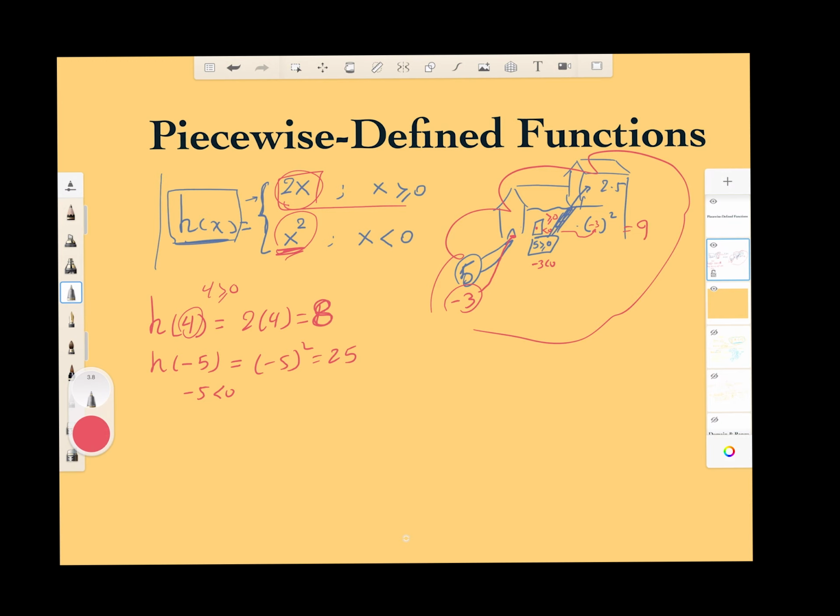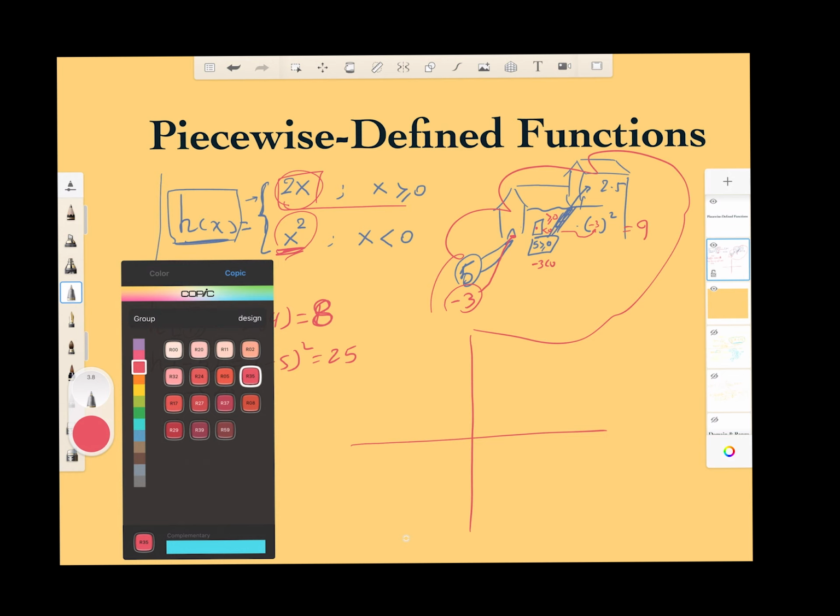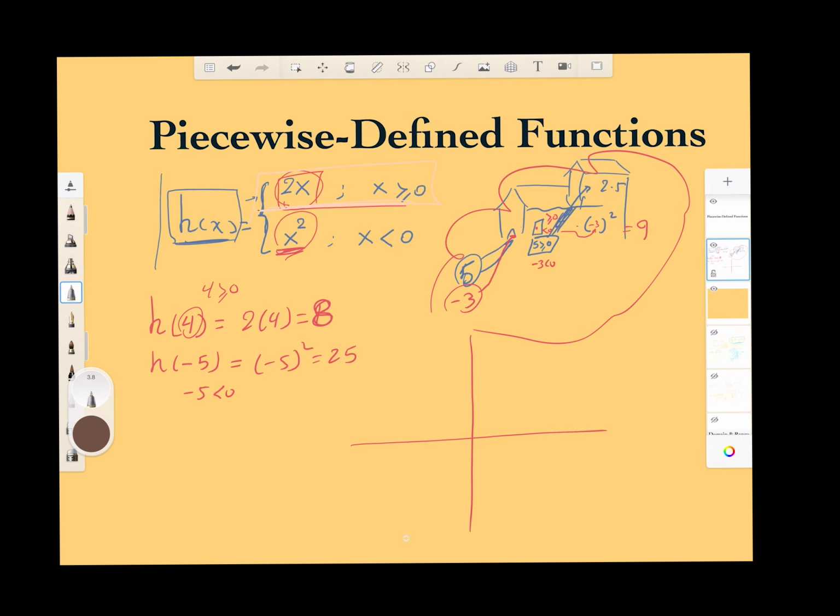Alright, for the graphing, let's graph the first one, which is 2x. You're going to graph y equals 2x. 2x is linear, and the y-intercept is 0. If we graph it, you're going to have something like this, a line. Let me use the ruler.